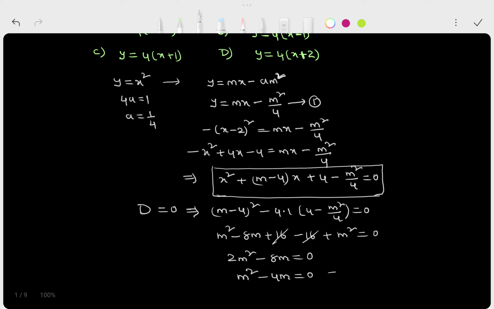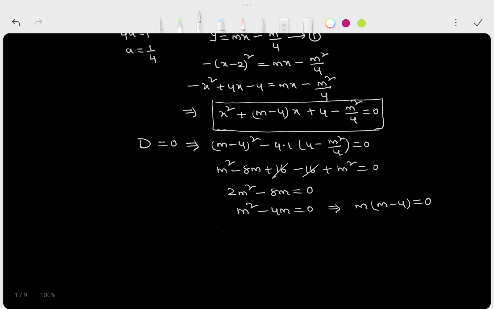Now take m common: m(m - 4) = 0. Therefore, the slope of the common tangent is m = 0 or 4.